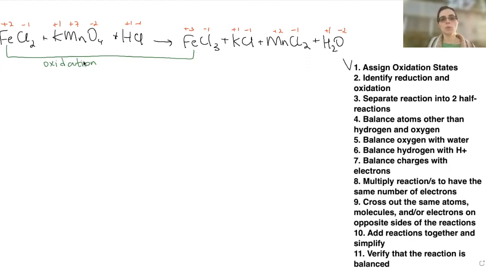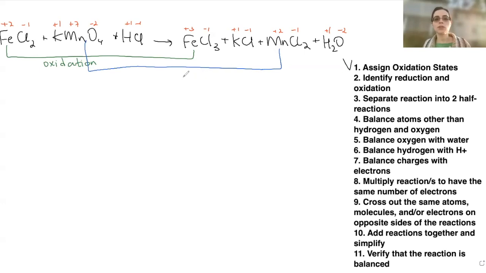So let's look more. For potassium, it's +1 and +1, so no change. But for manganese, on this side we have +7, and on the other side we have +2. So what happened to our oxidation state? Our oxidation state decreased.